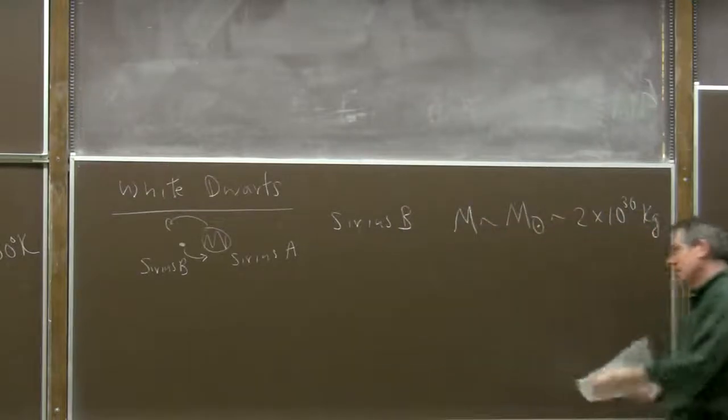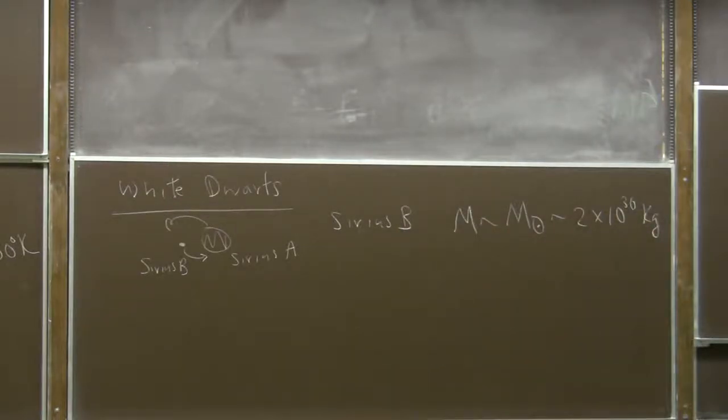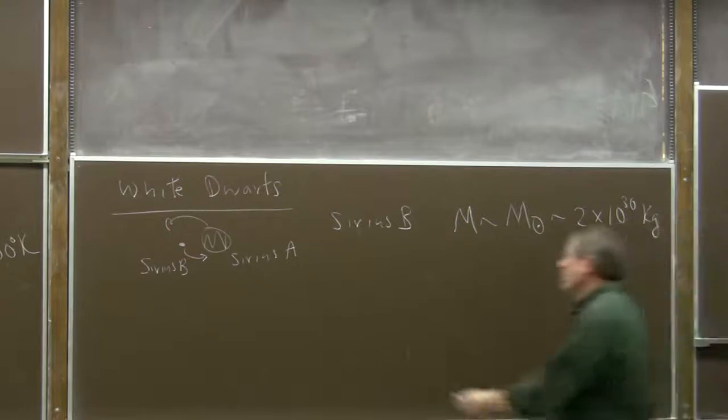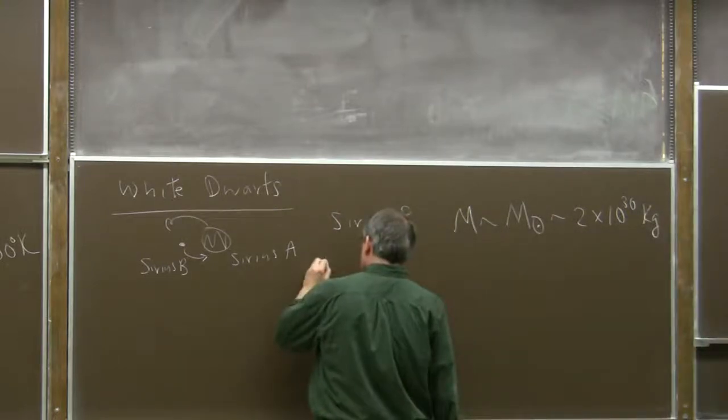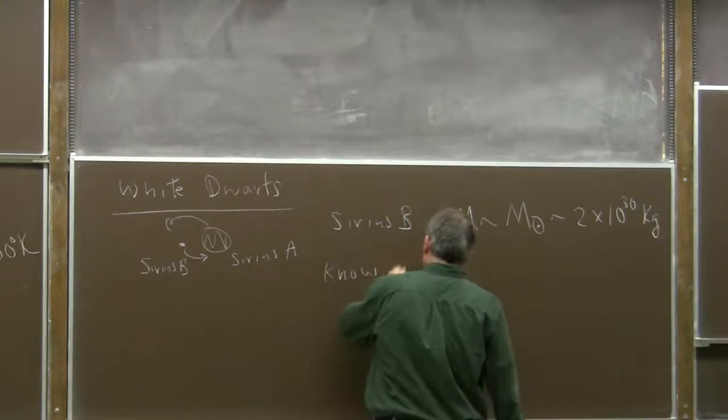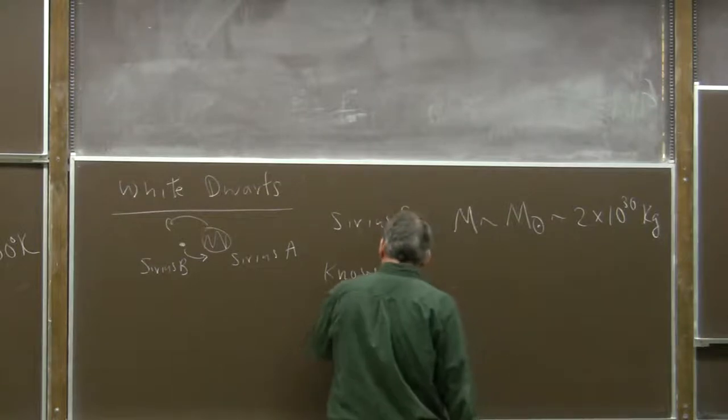And now, we also know something about the area of Sirius B. How do we know that? How big it is? I mean, nowadays you can actually take a picture of it. But back then, it was just like a point, but you could measure how much light it was emitting, what its luminosity is. So you could see how bright it is. You could also see what? The light has a color, right? And the color tells you it's emitting like a black body. So we know the temperature. We know the luminosity.